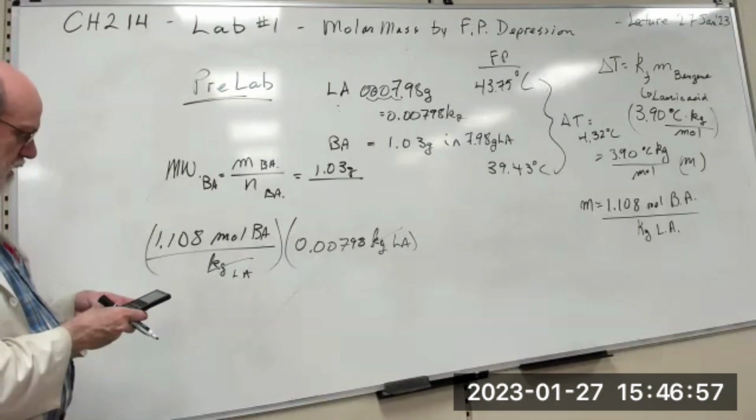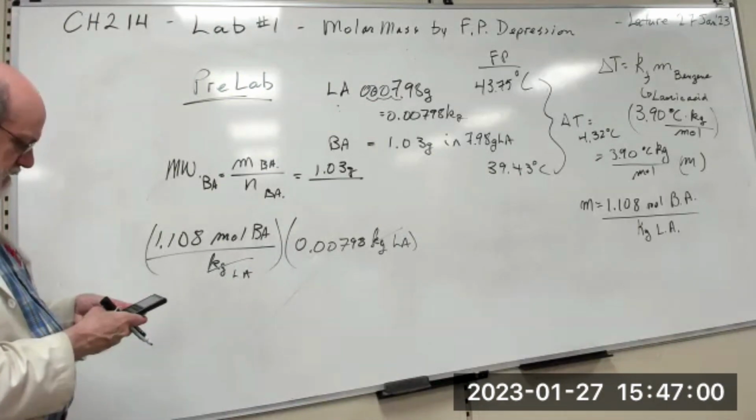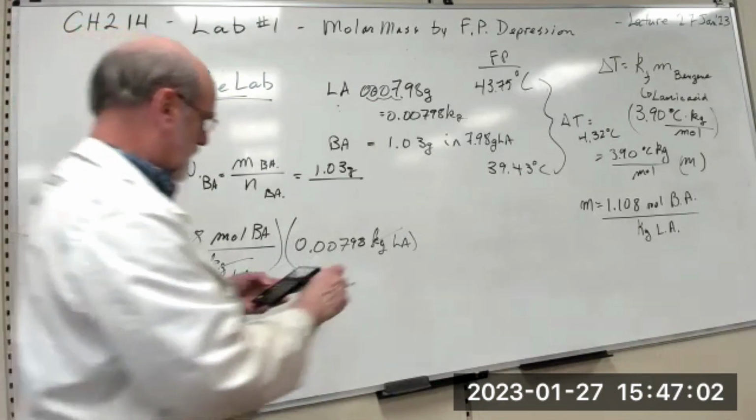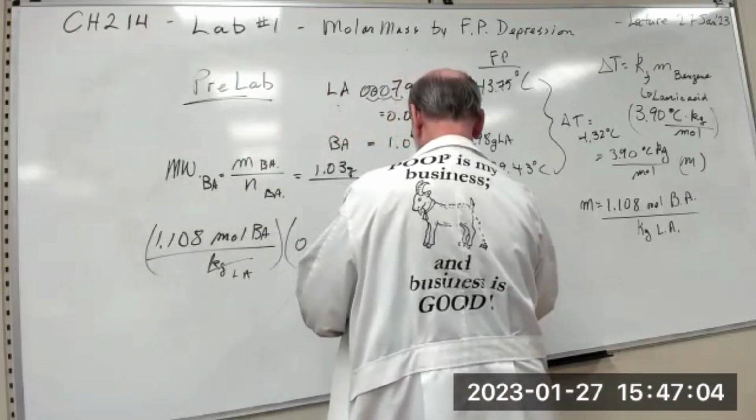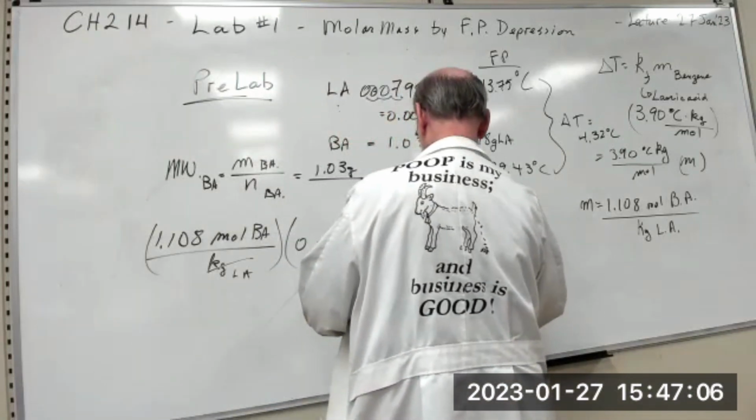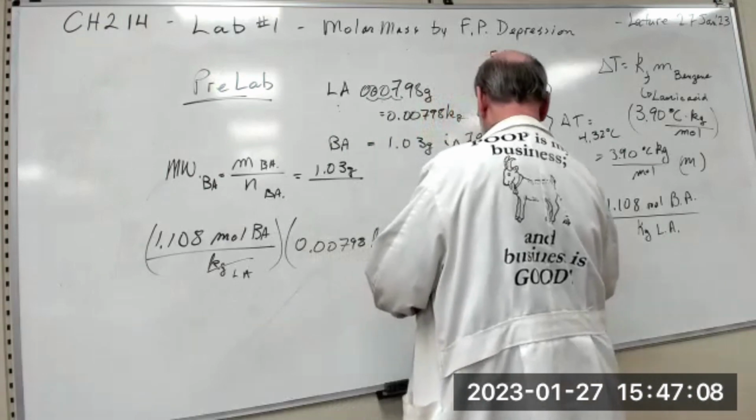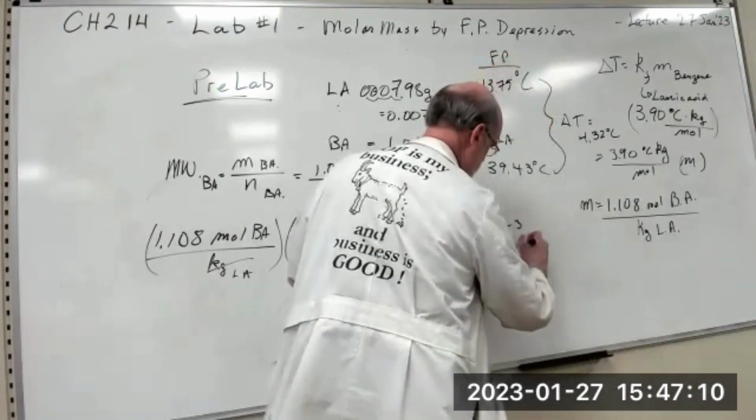Let's see, 0.00798. And I get 8.839 times 10 to the minus 3 moles.